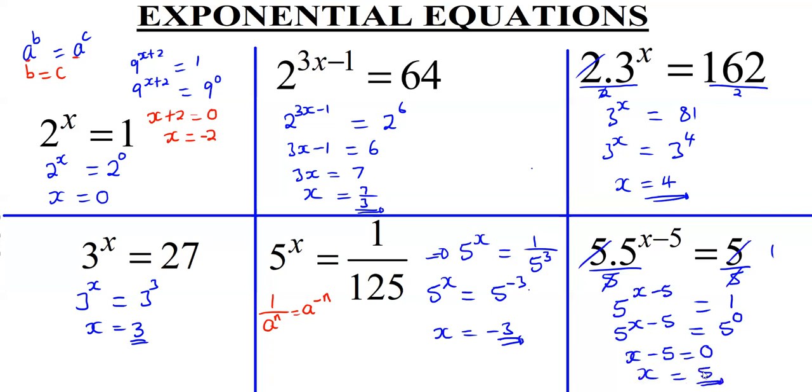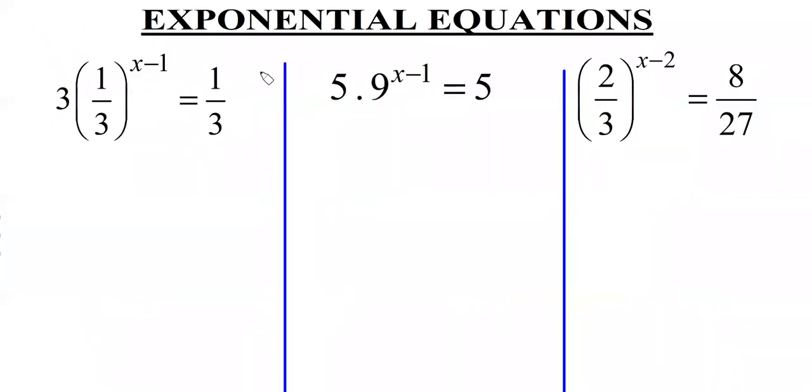We take the 5, that side becomes positive. I hope you are understanding this part very well, where we are dividing, when we are getting rid of this multiple here. And again, when you have something underneath, we take it up like that. Now let's see what we have here.